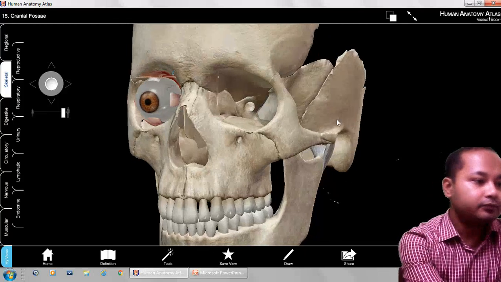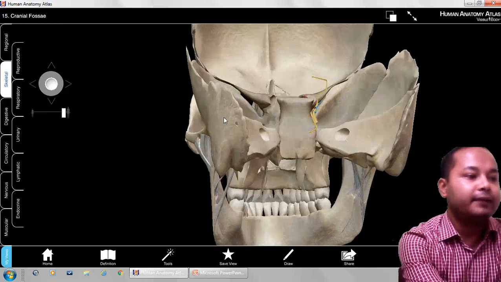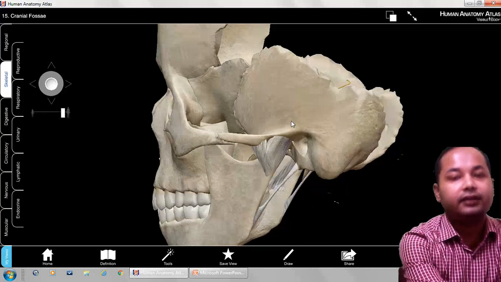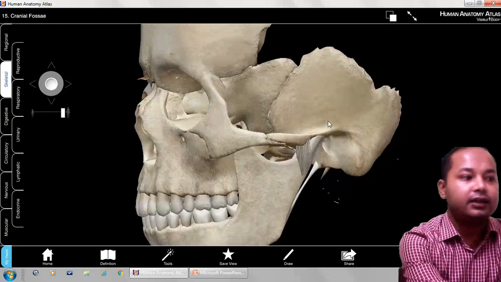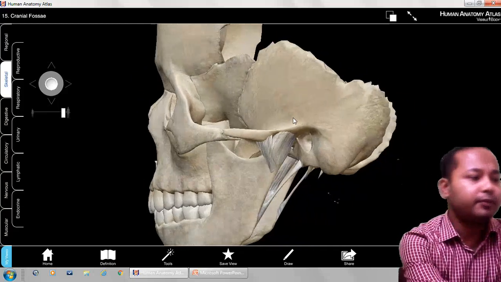I am rotating the skull, and from behind I have removed the occipital bone. I think you can orient yourself to this skull in which the occipital bone has been removed. It is not much of a problem, right?